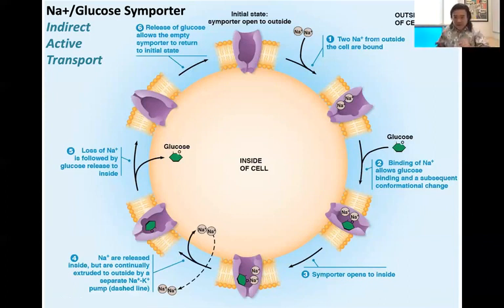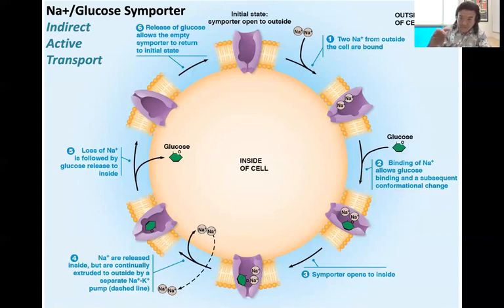The important thing to keep in mind is that these sodium ions have to be pumped back out of the cell in order to maintain that high extracellular concentration of sodium that allows them to flow back in step 1. So step 4, not pictured here, would be some other active transporter that would directly use ATP to pump the sodium out.